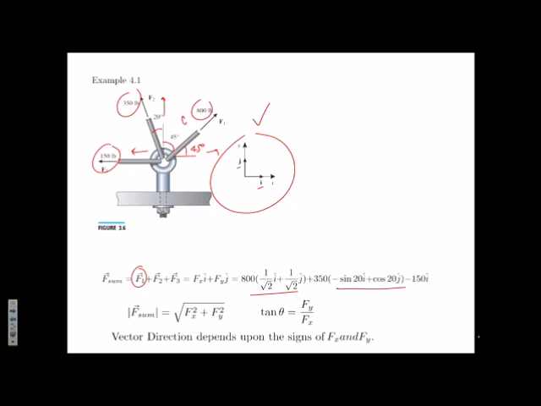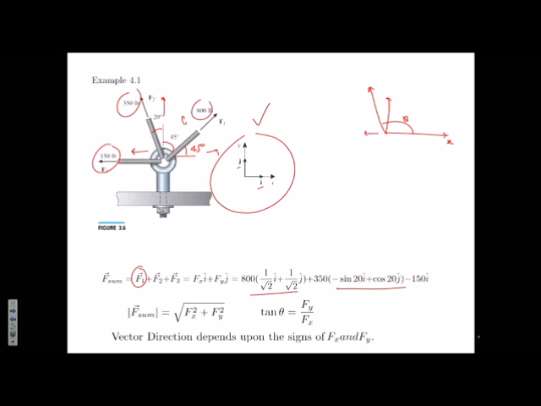Now, some of you may be in the habit of writing a vector by measuring the angle it makes from the positive x-axis, okay? And that's also okay. If you measure your angles from the positive x-axis, then you don't have to worry about seeing which way they are really pointing.